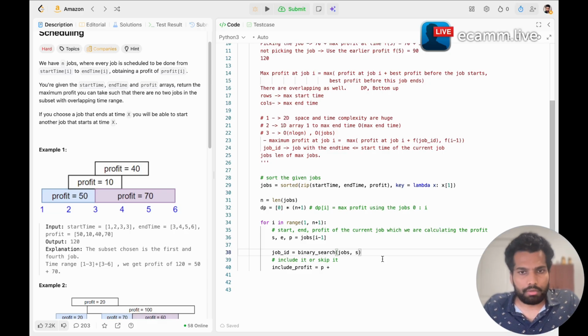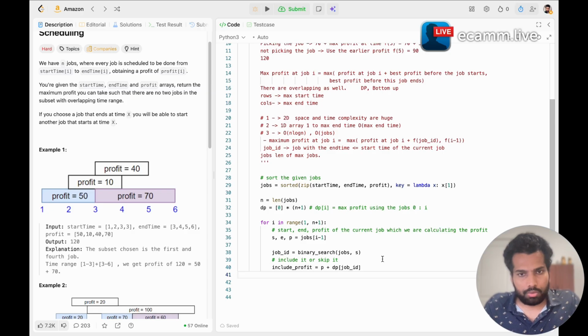So this should give us the target job id that we are looking for. And now, which is the dp of job_id, I think this should be fine.